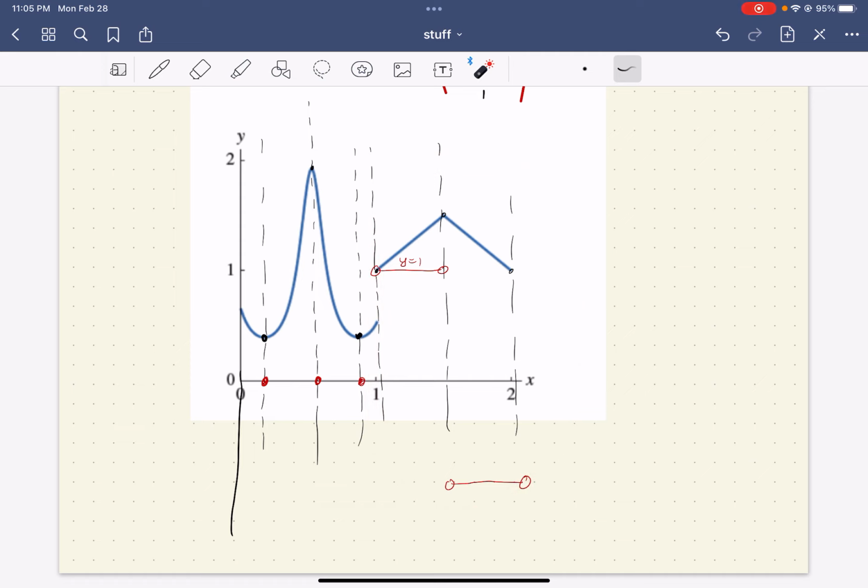I can't put a closed dot anywhere on these x values because it's not clear how to define the slope at this point. You might be tempted to say it's 0, and I'm sure there are branches of mathematics that define it as such because it's sort of the average of these two things. But it's really undefined. I don't know how to define the slope right here, so I just have my open dots there.